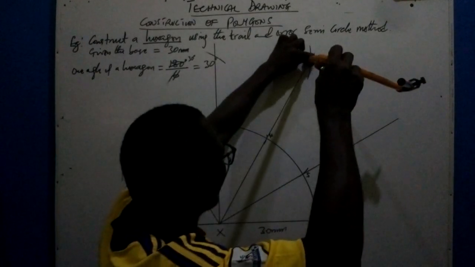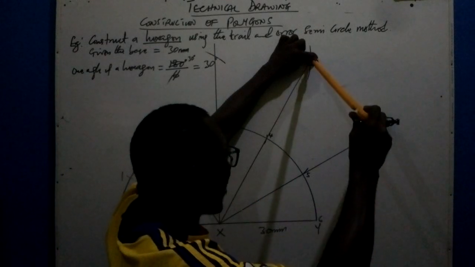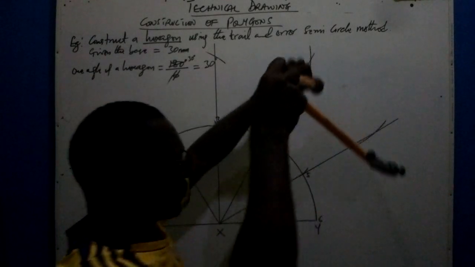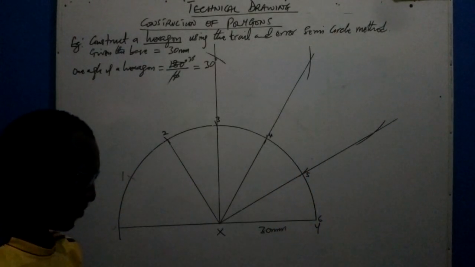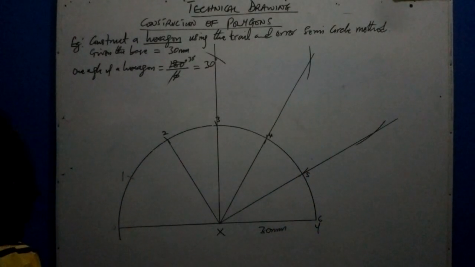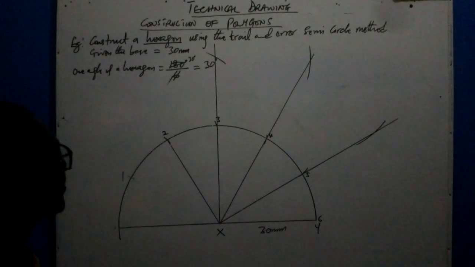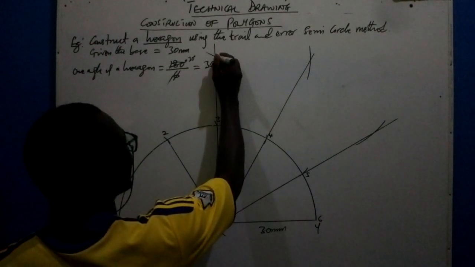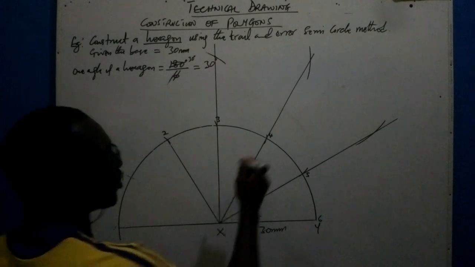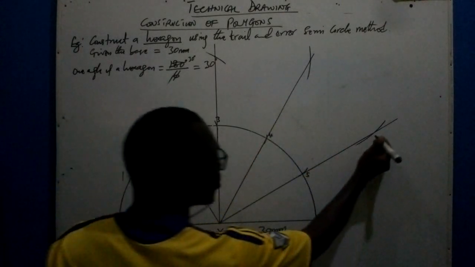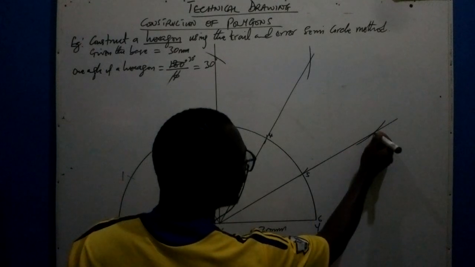Then I'll stand on 4, then I'll cut it on 5. Where the arcs cut the lines of the various numbers which is more than 2, you see that where they meet.